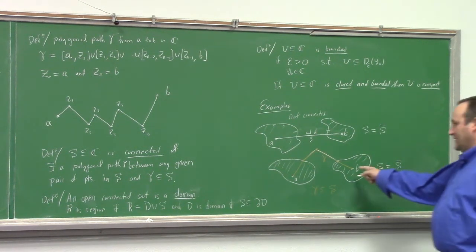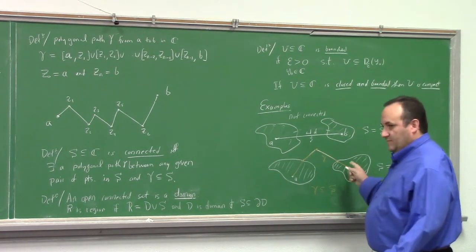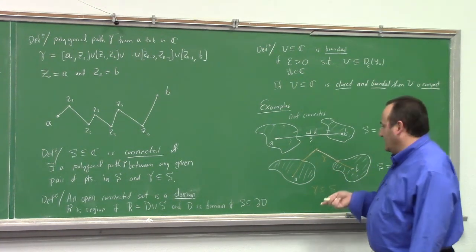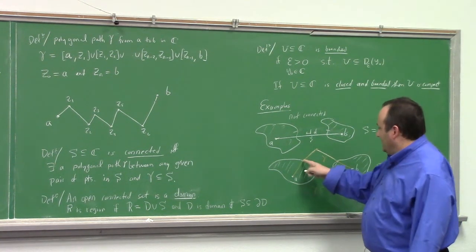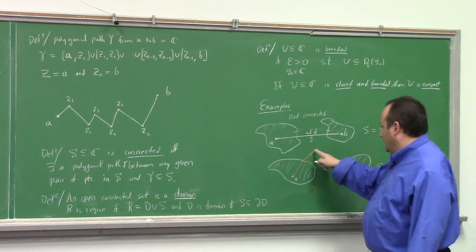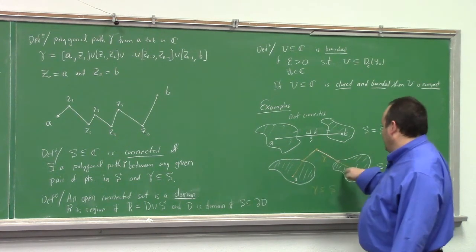This one is connected because even though these are two disconnected pieces, if you will, in the common sense of the terminology, they're not really disconnected, because there's this linkage that I'm drawing as part of the set. This white, this is part of S I'm giving. And my point is you can follow that link to connect them.